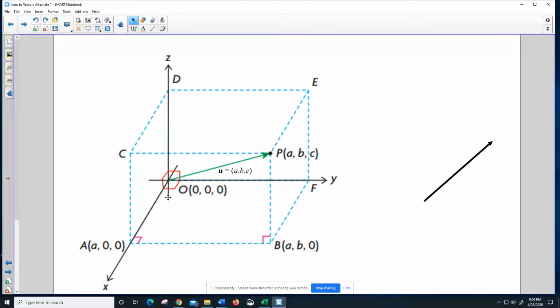All right, and same thing, we define a vector starting from the origin 0, 0, 0 and ending at some point ABC, which instead of being an ordered pair is an ordered triple. So A in the x direction, B in the y direction, C in the z direction, and the vector again is defined starting at 0, 0, 0 and ending at that point. All right, now we have to keep in mind that this is the same notation as we would use for the point ABC, so we just have to look at what the context is.